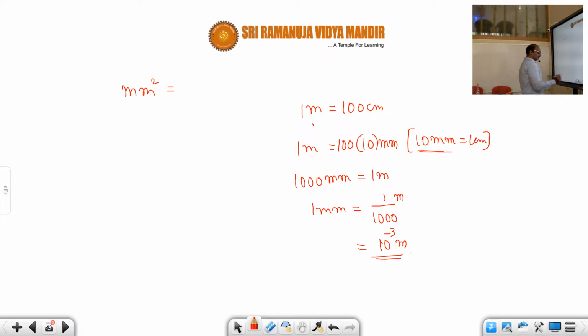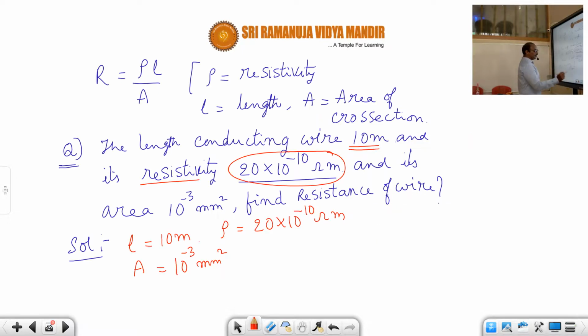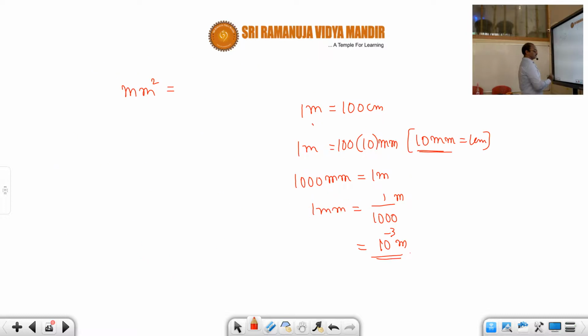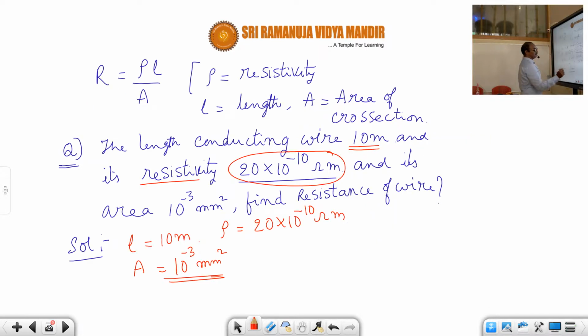Going back to the given data, what was the given value? They mentioned area equals 10 to the power minus 3 millimeter square.